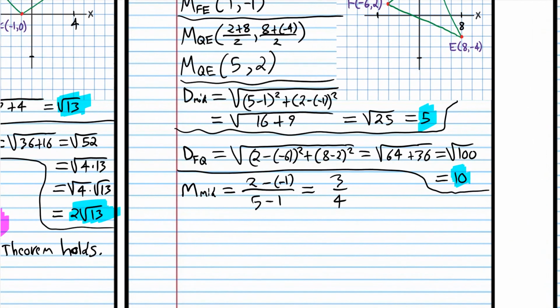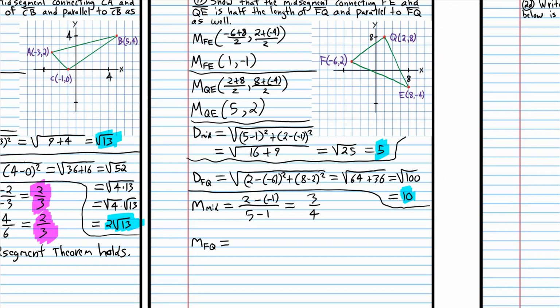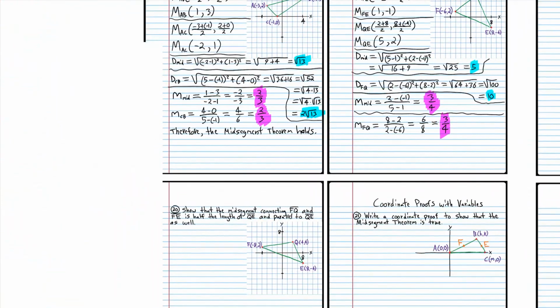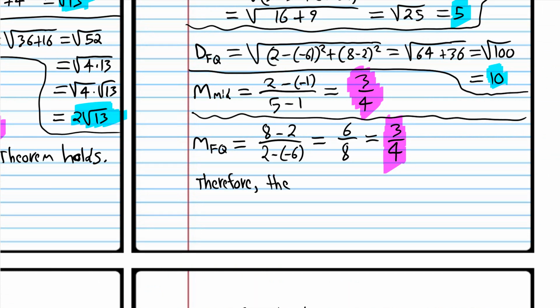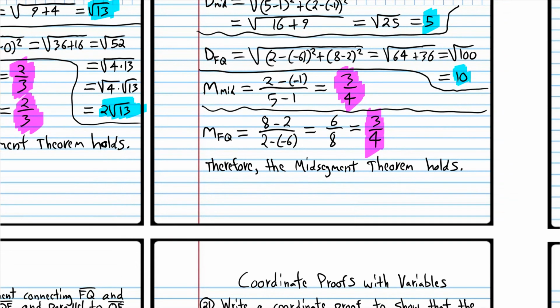So now the slope of FQ must also be 3/4 if they're parallel. So I'm using F as point 1, and we have 8 minus 2 over 2 minus -6, which equals 6 over 8, which is 3/4. So they are the same, and they are parallel. So we have to state our conclusion, because this is a proof. So we say, therefore, the midsegment theorem holds. So if you got that answer, good job.